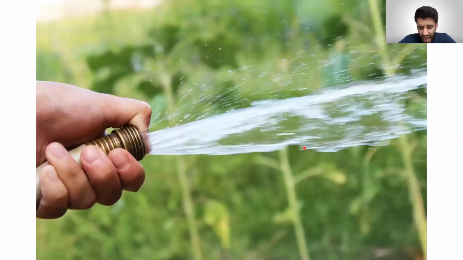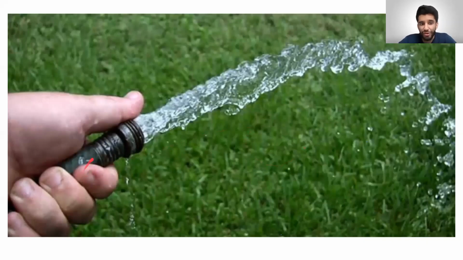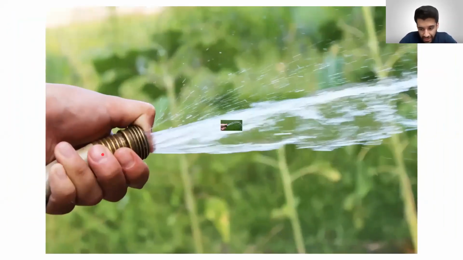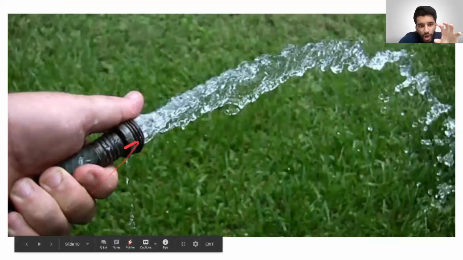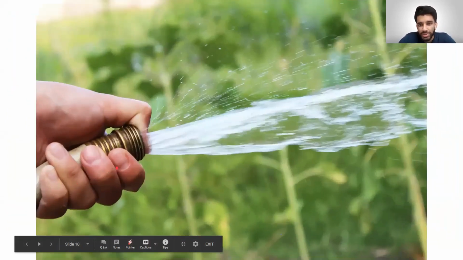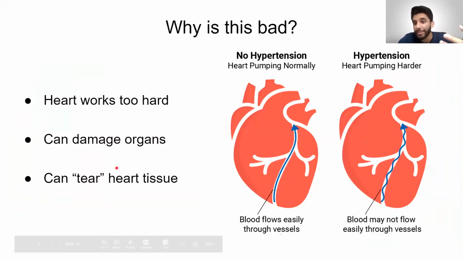So an analogy for this with the hose would be either my hose itself can thicken, and if my hose thickens and gets narrower, then the blood flow is going to increase. Or if I have obstruction, if I have plaque, imagine if I had tiny plaques or obstructions within this hose, then again, I would still have this faster blood flow known as hypertension.